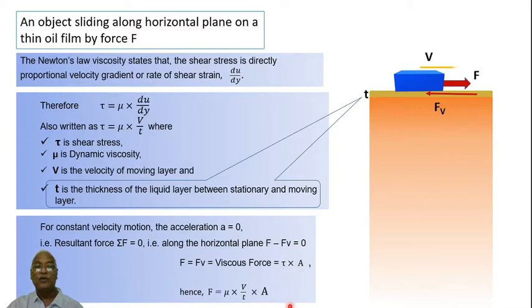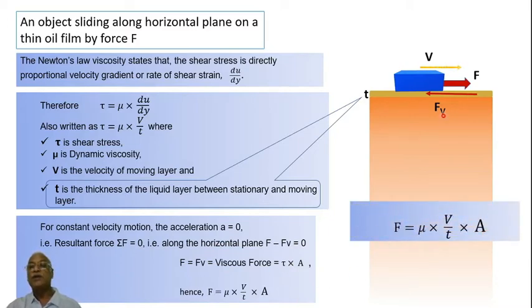So overall what we can say is applied external force is equal to mu into v by t into area. You can calculate any of the unknowns from this one equation, and this is the case on a horizontal surface, where the object is moving under the force.